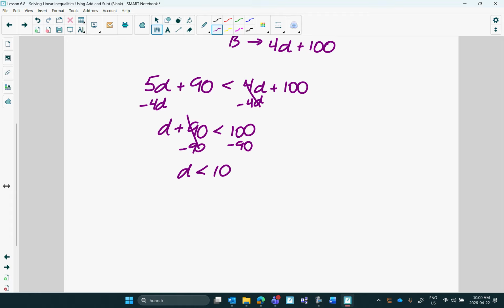Jake must board his dog less than 10 days. Because normally with equations, we would have just said, oh, he must board his dog for 10 days. But we can't do that with this because it's an inequality.